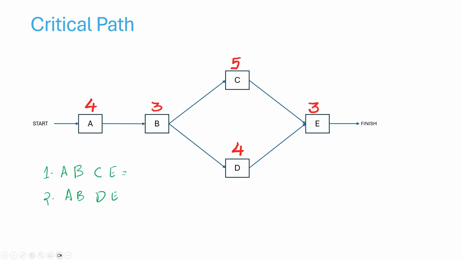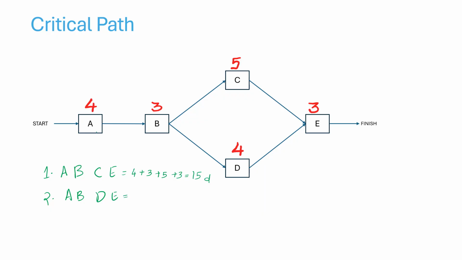A, B, C, E naturally would be A is 4 days plus B is 3 plus C is 5 plus E is 3. So the total comes up to 4 plus 3, 7, 5, 12. 12 plus 3 is 15. This comes to 15 days.